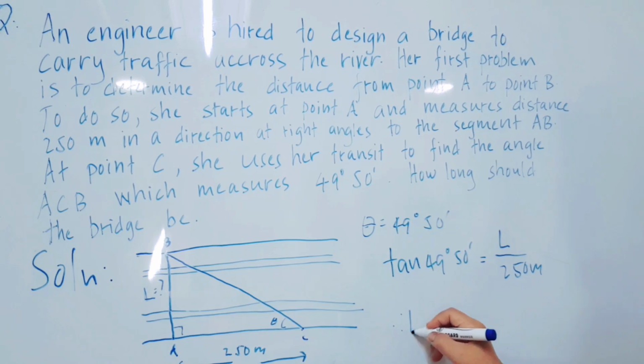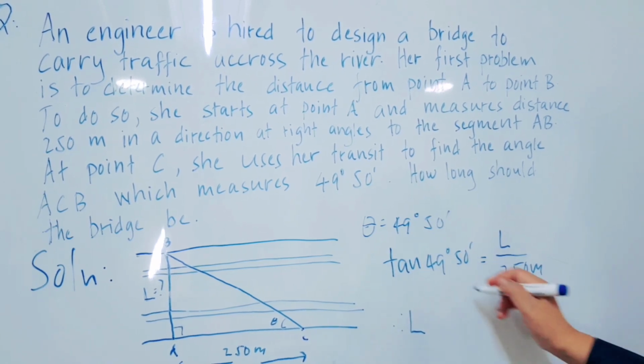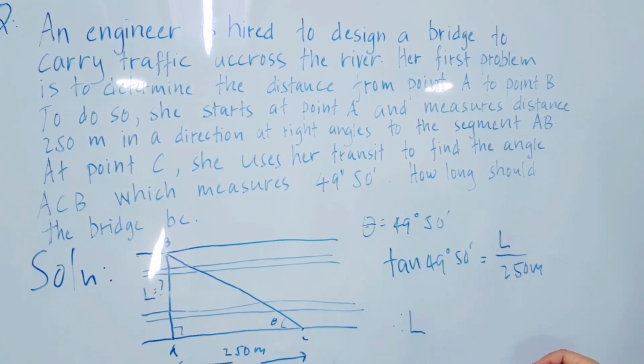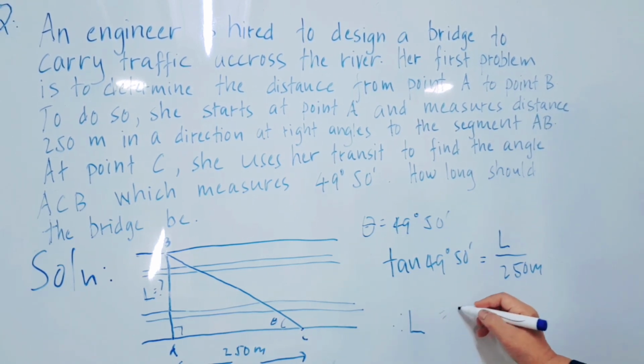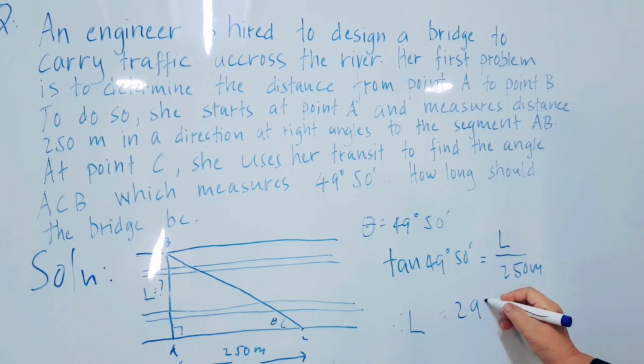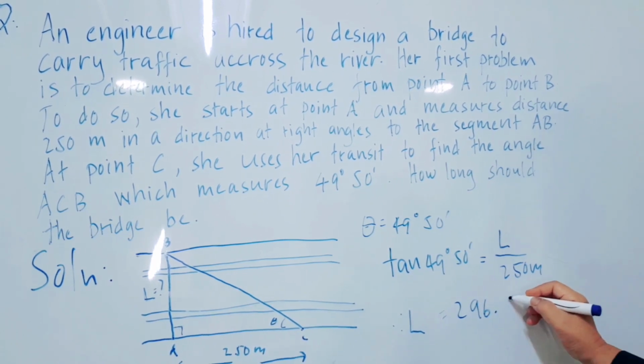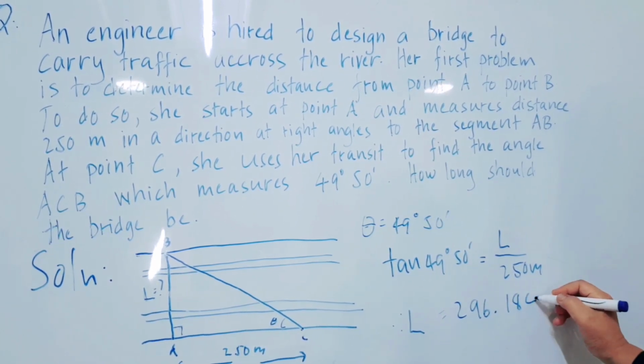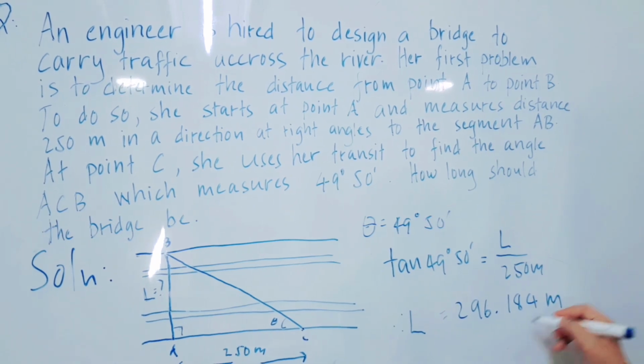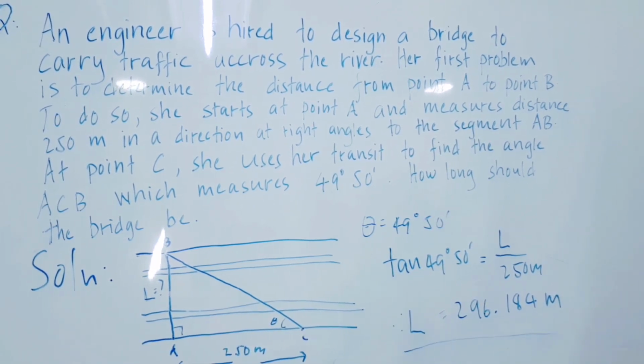Therefore, cross multiplying this one, L is equal to 296.184 meters. This is the length of the bridge.